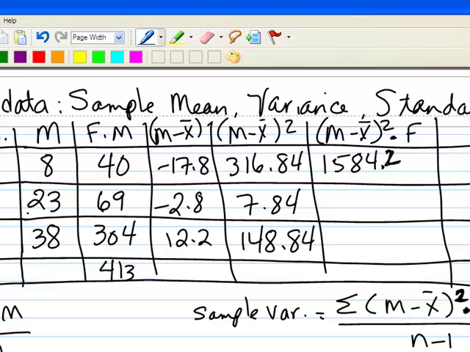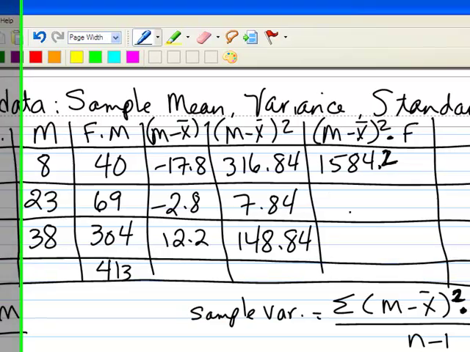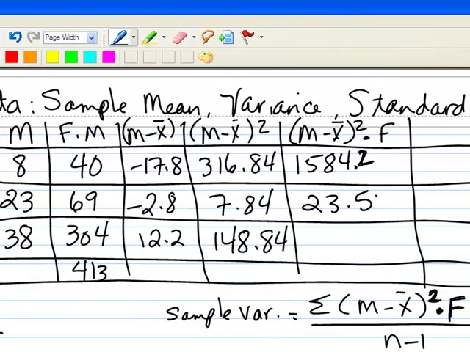The next entry is the frequency 3 times 7.84, which is 23.52, and then 8 times 148.84, which is 1190.72.